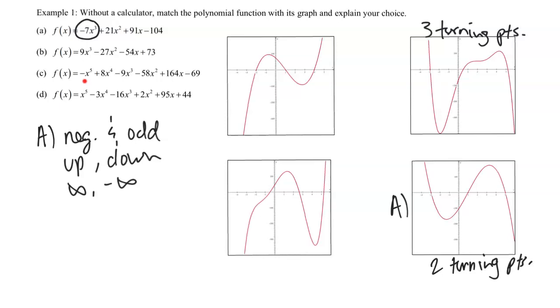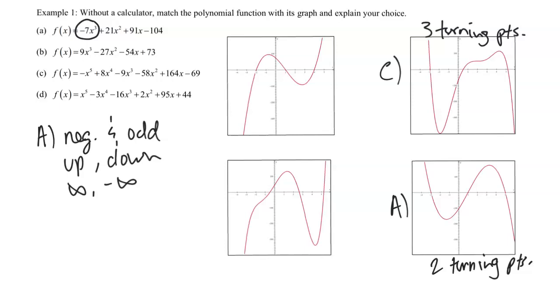That's negative and odd, so it is going to have the same end behavior as letter A. And letter D is positive and odd, so the only other one that has the same end behavior would be letter C, and letter C is degree 5, and so therefore it can have 3 turning points. It could have 4 turning points, but it doesn't necessarily have to have 4. It can have at most 4, and apparently it has 3. And so this is going to be my choice for function C.